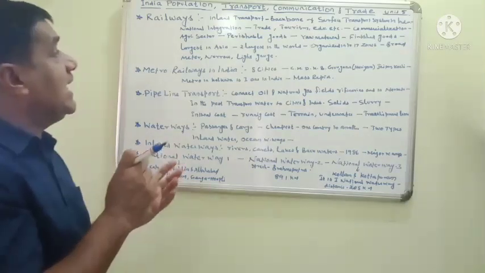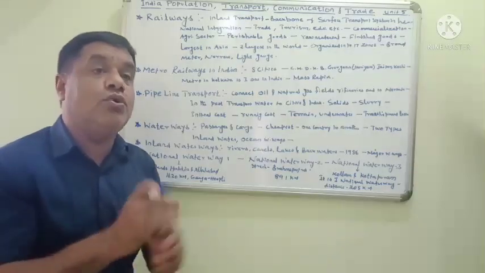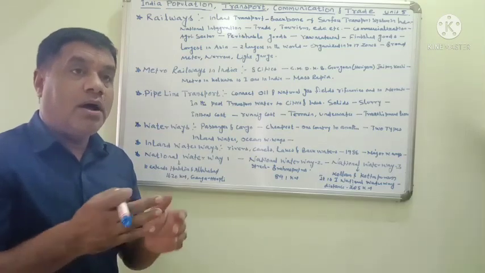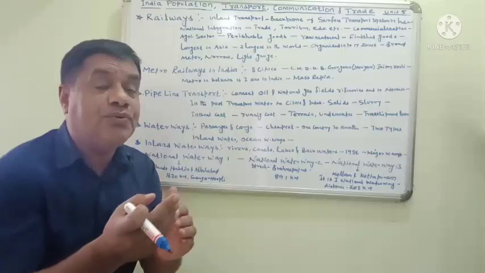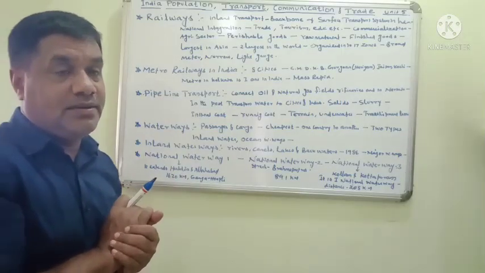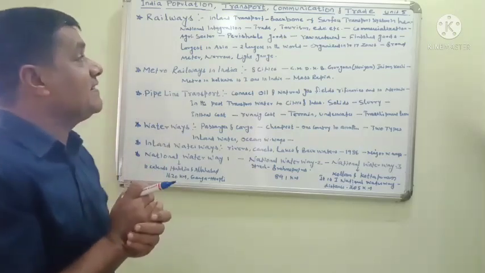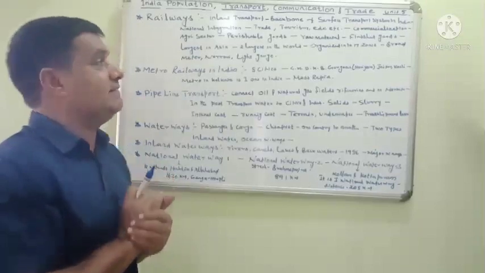Particularly the raw materials go to industries. After that, the industries convert raw material into finished products. After that, the finished products go to market.